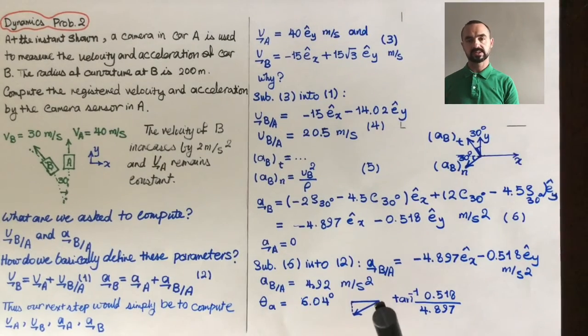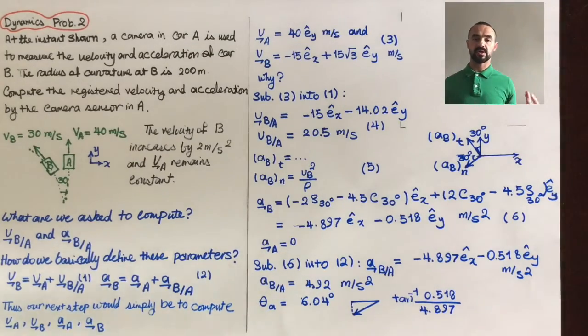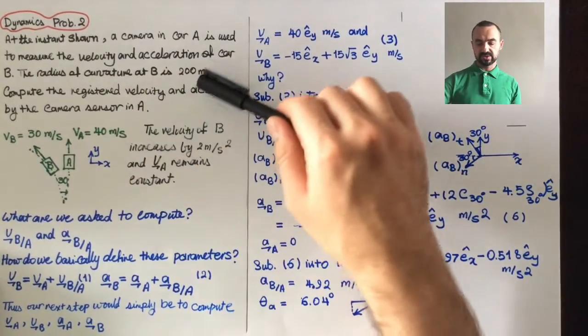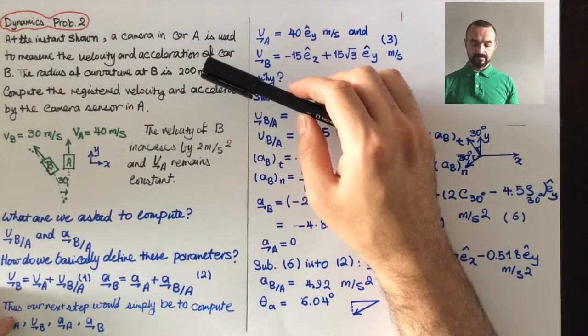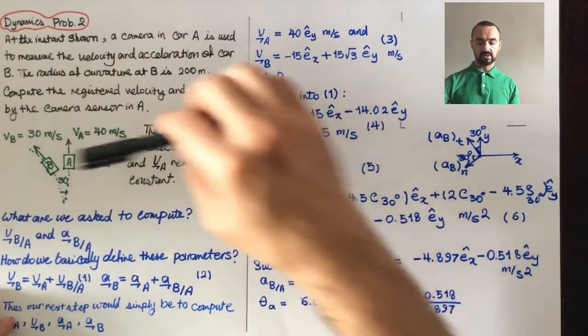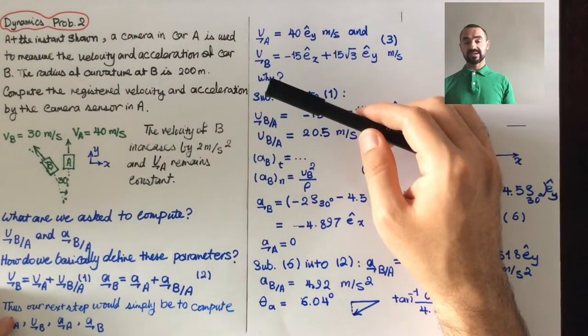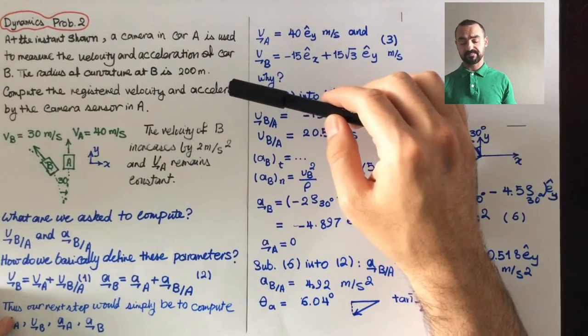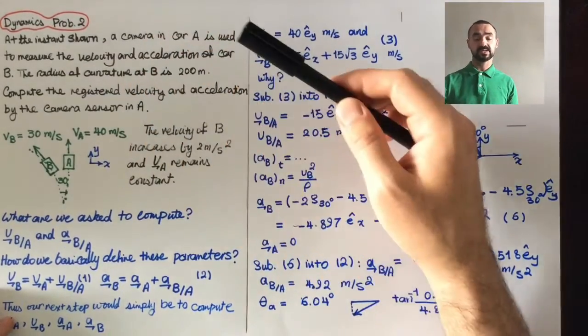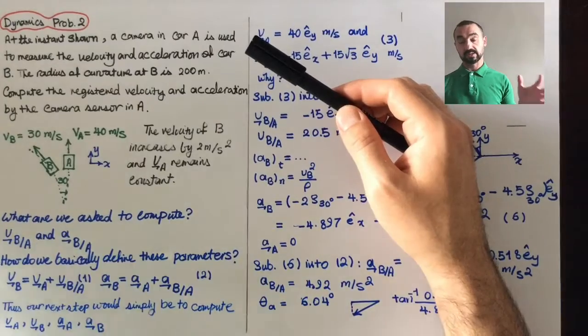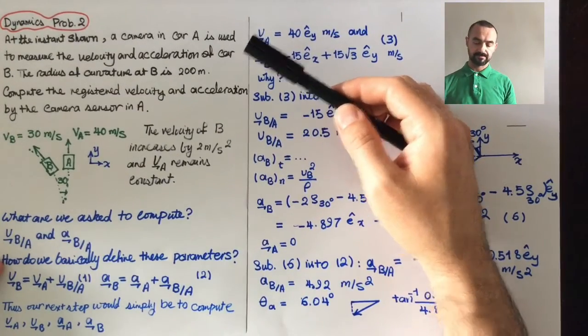So right away you can say that the data is going to be converted to velocity of B with respect to A and acceleration of B with respect to A. We have the radius of curvature of B, because B is essentially traveling on this curved path, and we are being asked to compute the registered velocity and acceleration by the camera of A. Again, what we are computing is the relative acceleration and relative velocity.